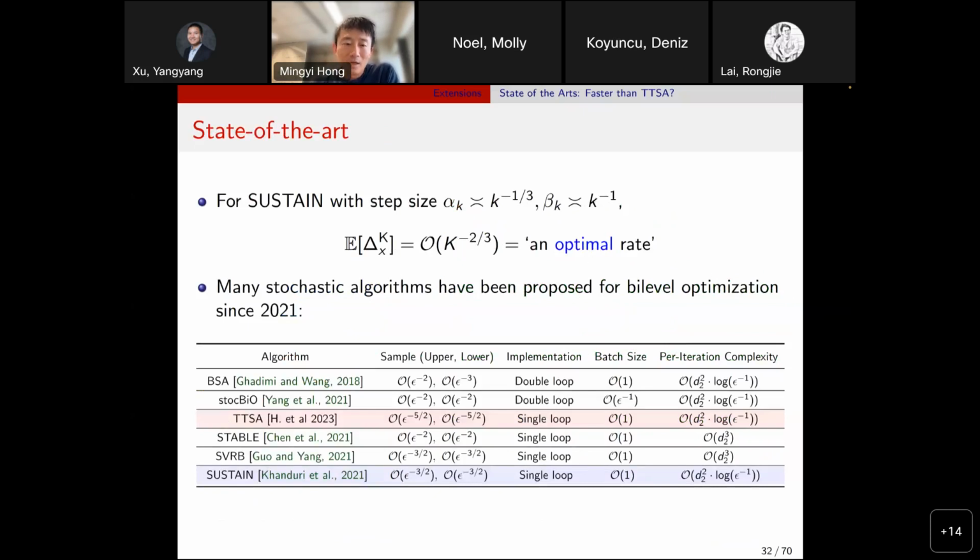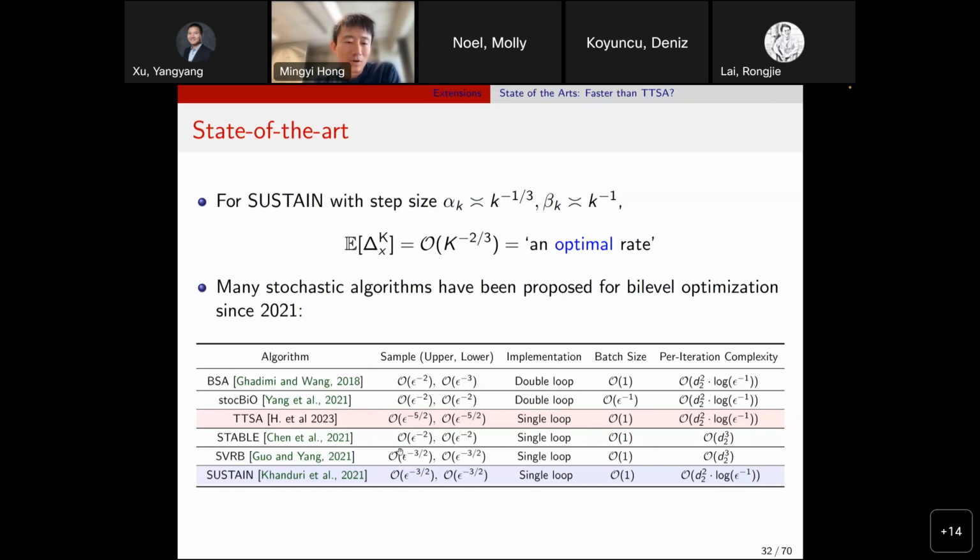And then there are many other works, including Tianyi's work here, which actually made the single loop stochastic approximation algorithm work. You look at the rate here, this is epsilon to the minus 2. So this exactly matches SGD, without any acceleration, without any momentum.